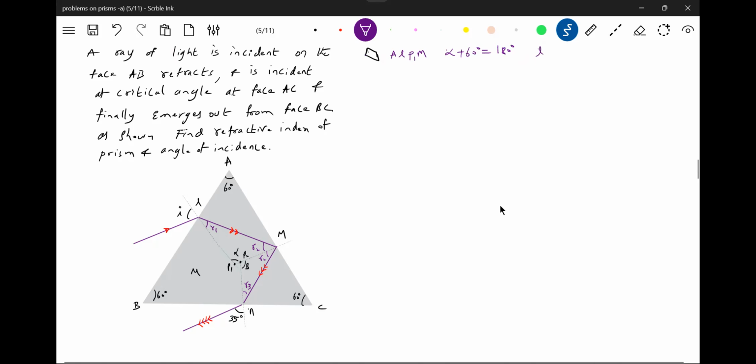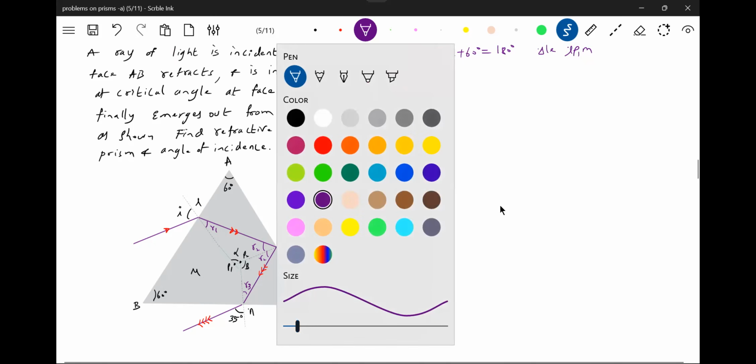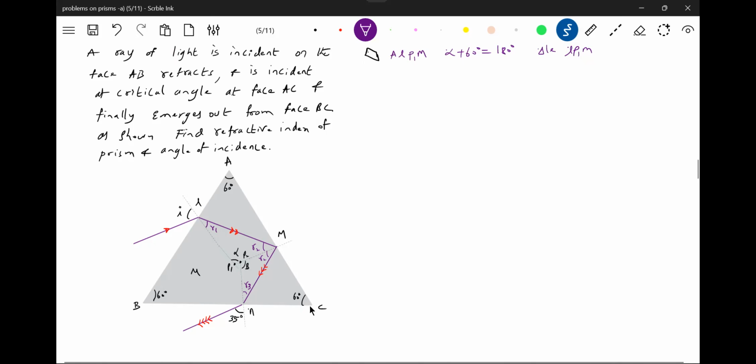Then in the triangle LP1M, I'll increase the font size. Alpha plus R1 plus R2 should be equal to 180 degrees. Similarly, in quadrilateral CMP2N, beta plus 60 equals 180 degrees.